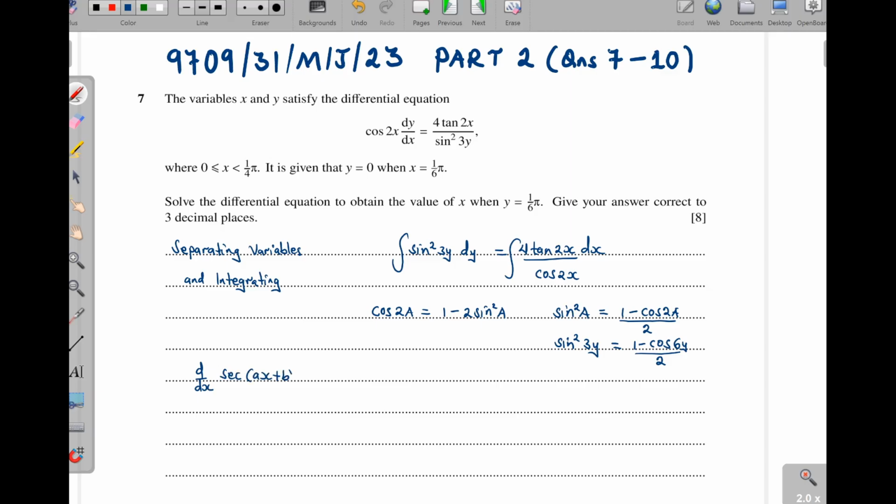Now also, when you differentiate sec of, let's say, ax plus b, you'll get sec tan. So we can have sec ax plus b, then tan of ax plus b. Then we shall also enter inside and we differentiate the angle, so we get an a here. We do that by using chain rule.